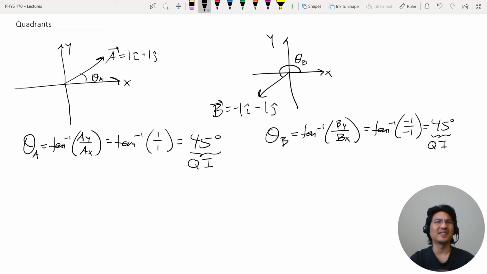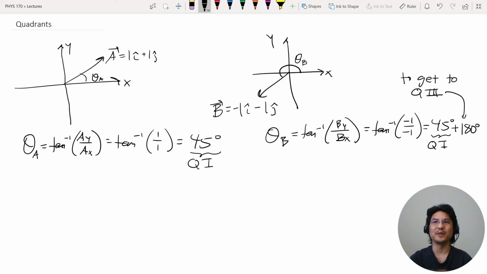That doesn't sound right, because I know the answer is supposed to be in quadrant 3. So you have to add 180 degrees to flip it over from quadrant 1 to quadrant 3. You have to do that yourself.